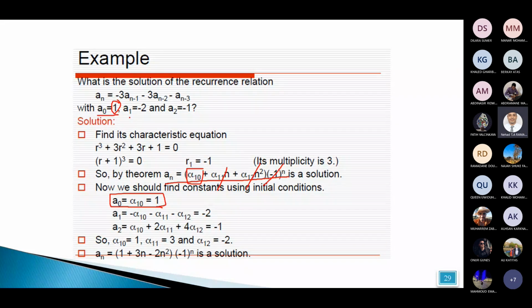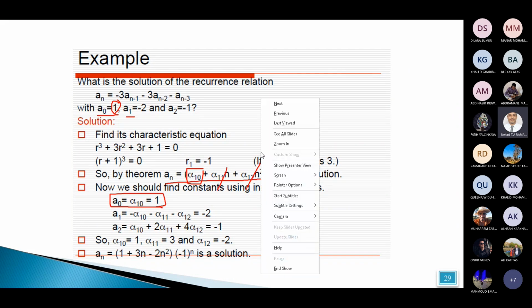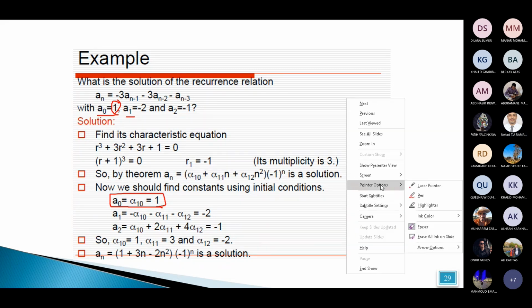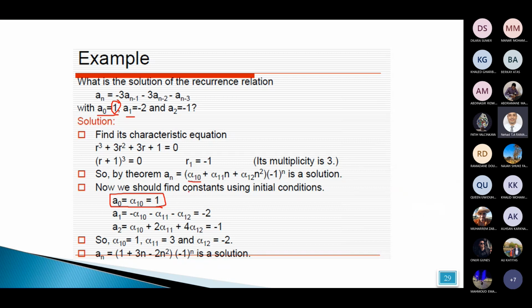When we have a_1, this means n becomes 1. You can apply it here. So you will have α_{1,0} already multiplied by -1, because this power 1, so it becomes -1. α_{1,0} multiplied by -1.